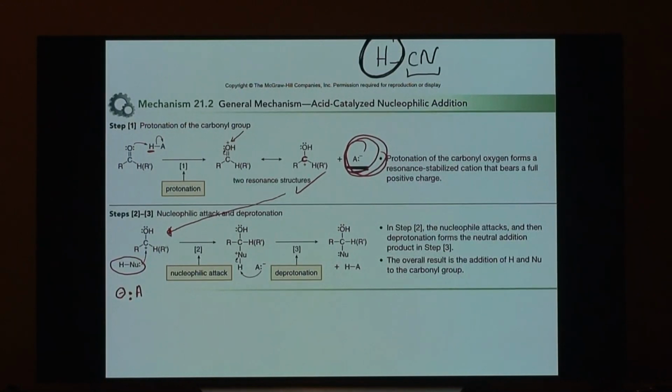So this can come over here and attack, and I can skip this step and immediately get to my products. You can either do this or you can work with the mechanism as written, but normally I like to take the A minus and attack it with the positive charge. See my arrows from the more to the less, from the nucleophile to the electrophile, and then simply you get your product.